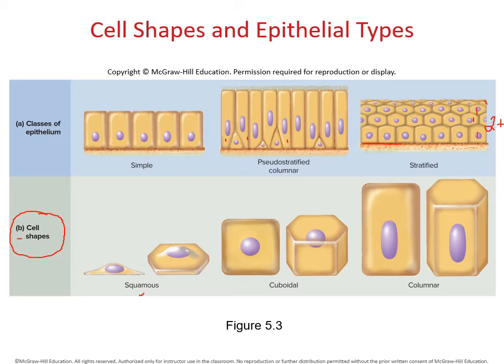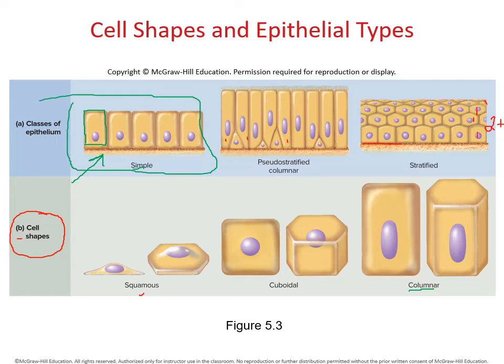If I come back here to my first class, my simple class, I can see it's simple because it's one layer, and I can see that my individual cell is a column. So what I'm going to do is I'm going to combine those, and the official name of this tissue would be simple columnar epithelium because it's one layer and all of them are columnar.